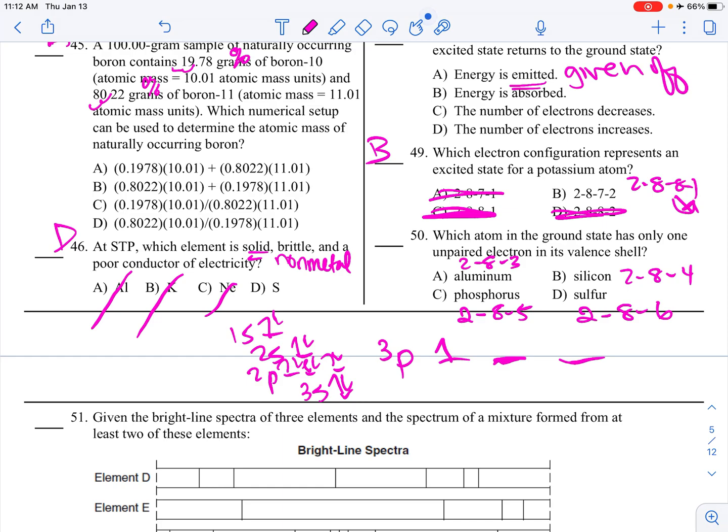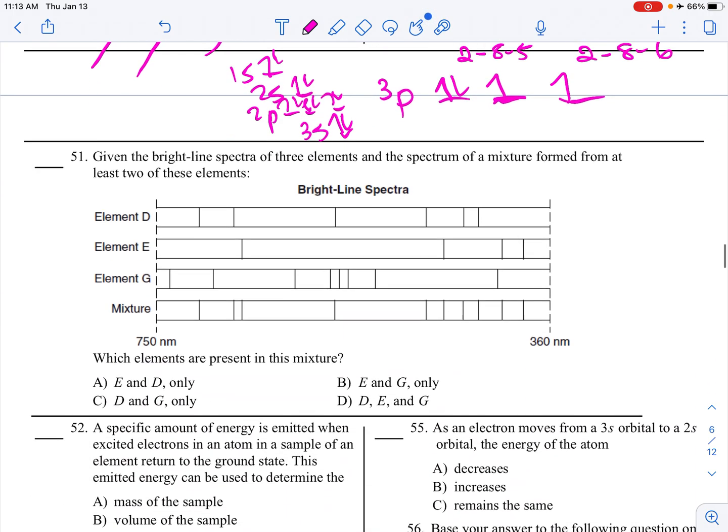Now, I apologize, that is super messy. But we've already got 2, 4, 6, 8, 10, 12, 13. That would be aluminum. And it does have only one unpaired electron in the valence shell. So it is aluminum. And I don't need to go any further because this would just have another one, this would have another one, and this would have another one. So it is indeed A.